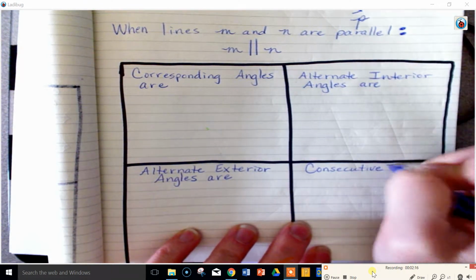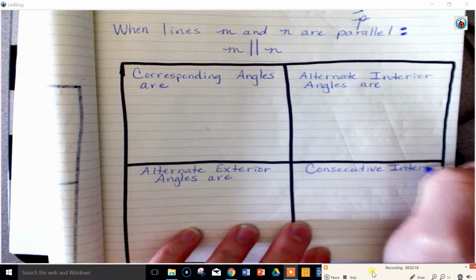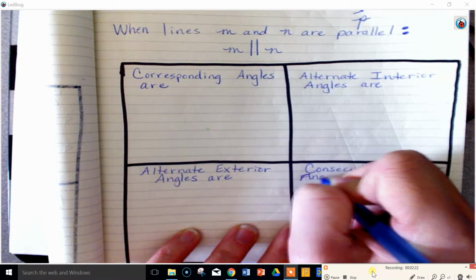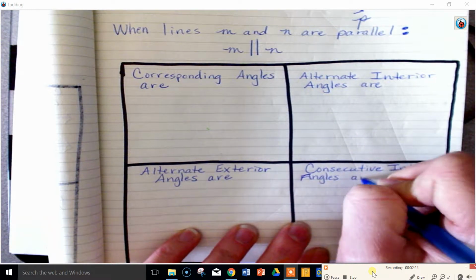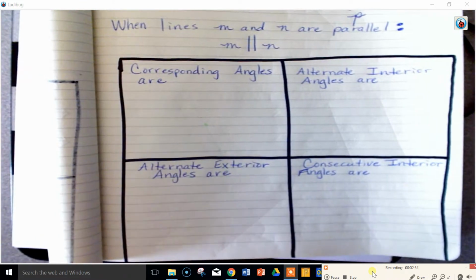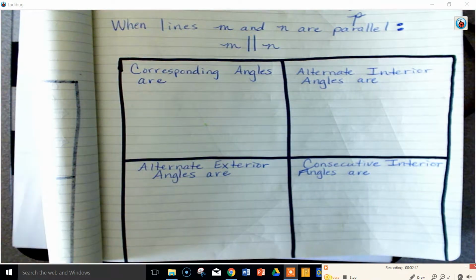And consecutive interior angles are going to be something. And we're going to draw in what these are all going to look like.